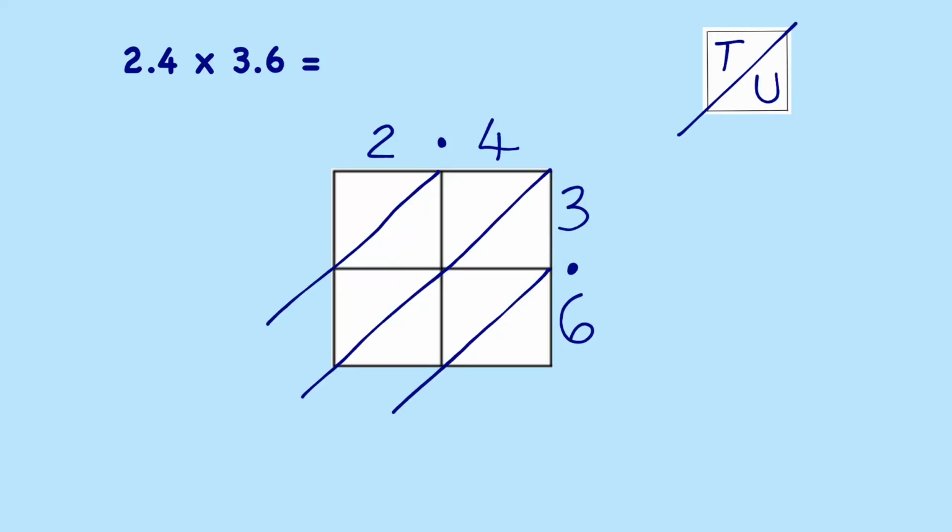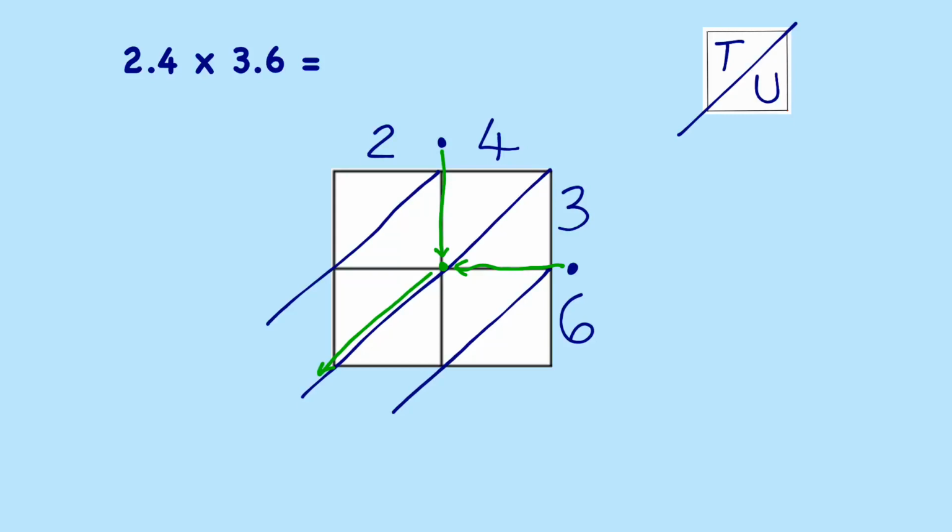Now we need to work out where our decimal point is going to go in our answer. We follow the decimal point along the line until it meets the other decimal point. They come here and then they meet there. Then your decimal point follows along the diagonal line, and that's where your decimal point goes when it exits the box.